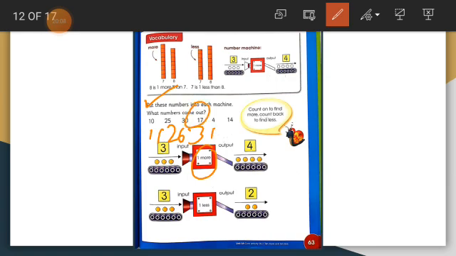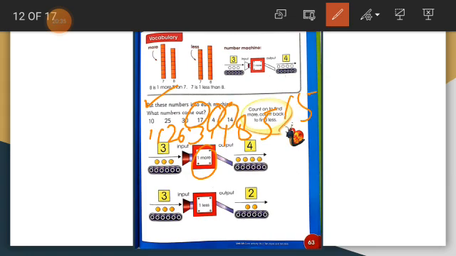Now move to the 17. What is 17 plus 1? 1 more than 17 is 18. Very good. Now move to number 4. What is the answer? 1 more than 4 is 5. Very good. Okay, 1 more than 14 is 15.